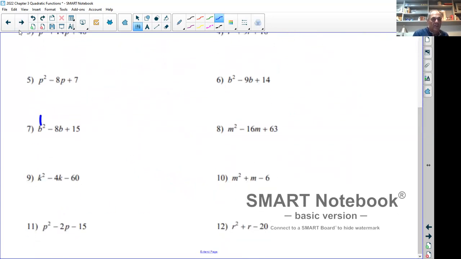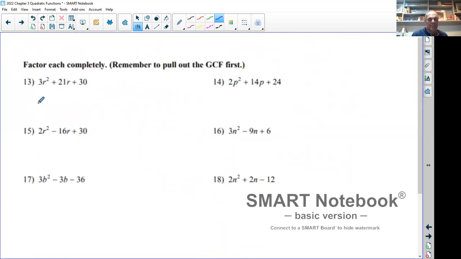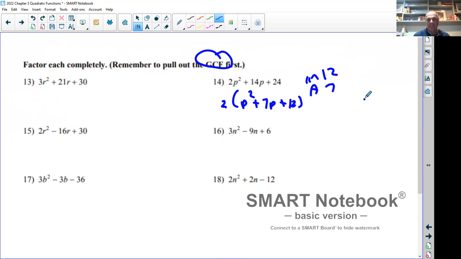All the way through to 12. And then you get to 13 and 18, where there is a GCF. So number 14, you pull out a GCF of 2, p squared plus 7p plus 12. Then multiplies to 12, adds to 7, 3 and 4, and you're good.